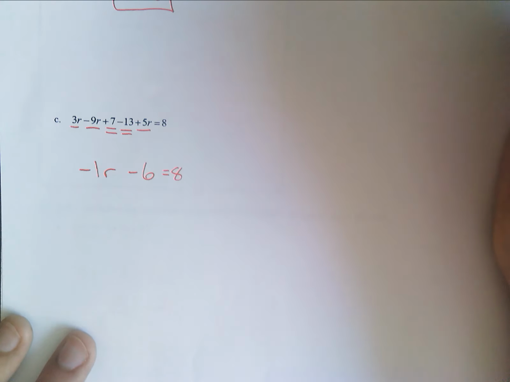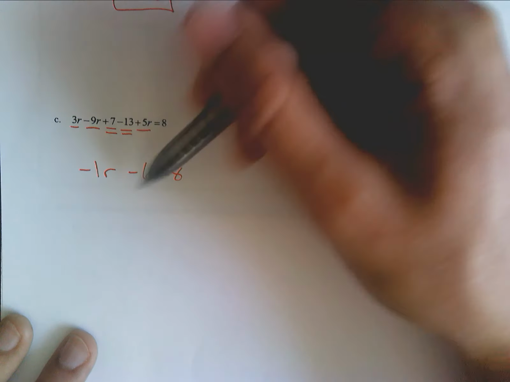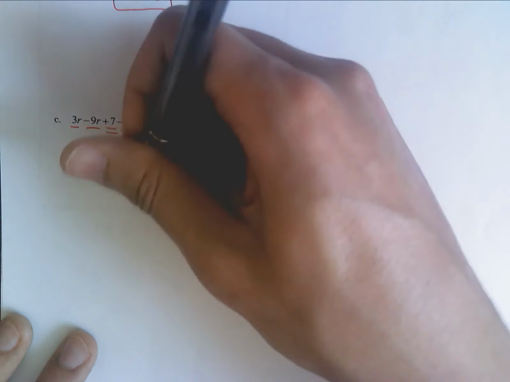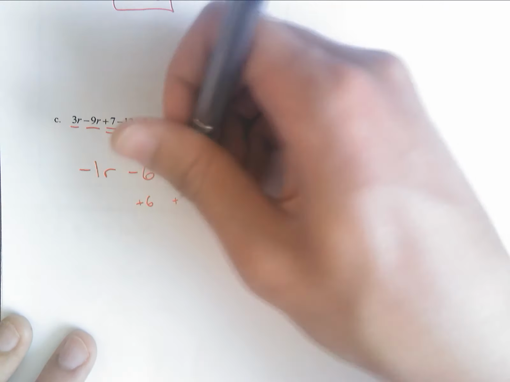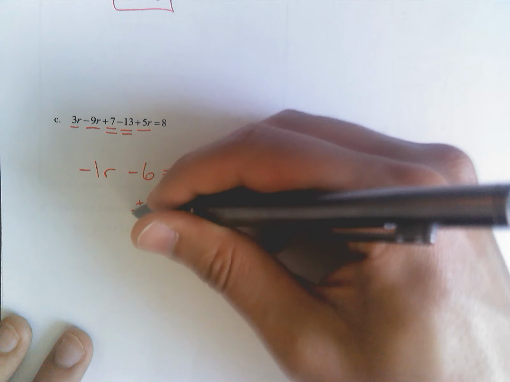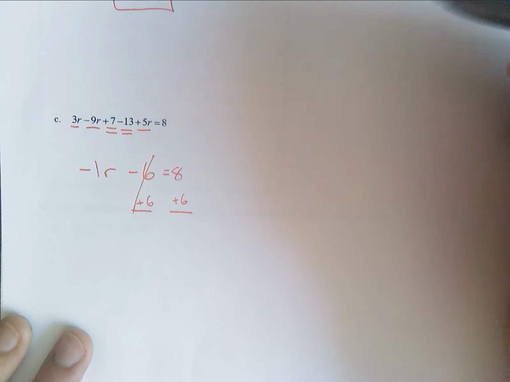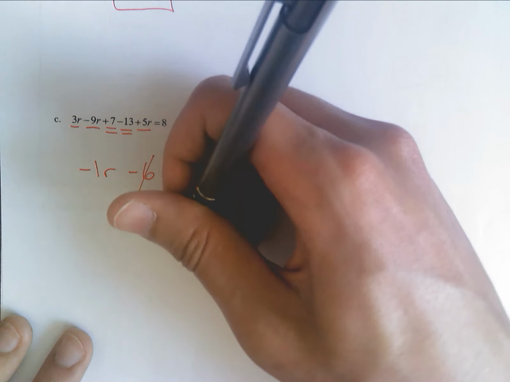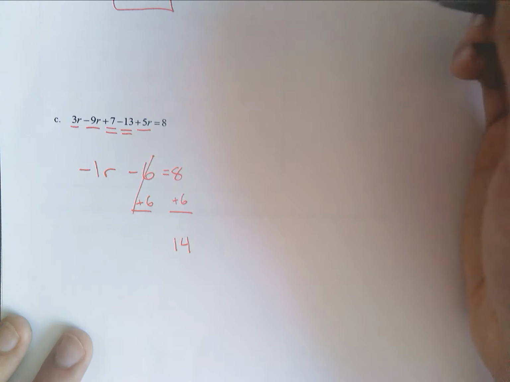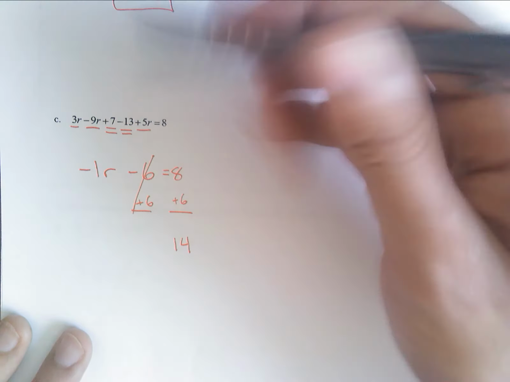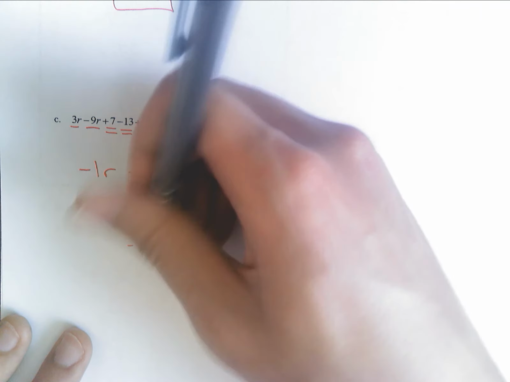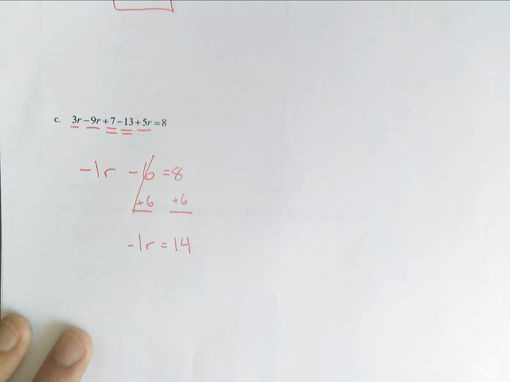Next up, we want to deal with addition and subtraction. I see that minus 6. We just combined. So let's add 6. That's the opposite. The minus 6 and plus 6 cancel. 8 plus 6 is 14. And then let's bring down this negative 1r. Okay. So we have negative 1r equals 14.